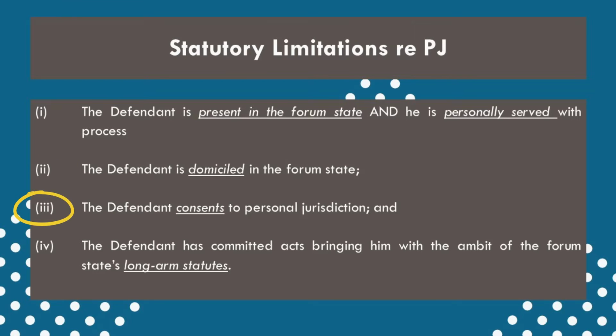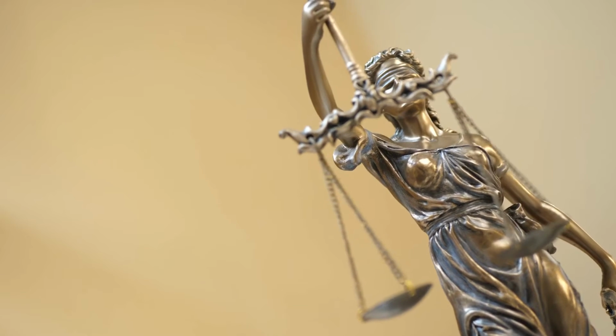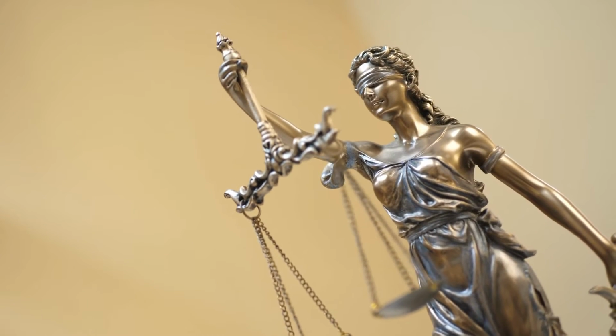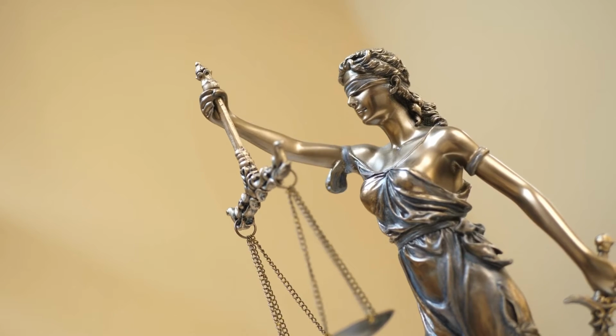And 3. The defendant consents to personal jurisdiction. This last one, circumstance 4, is not a traditional basis and will be discussed in more detail below. Nonetheless, if the defendant has committed acts bringing him within the ambit of the forum state's long-arm statutes, the court may exercise PJ over him. Obviously, there's a bit to unpack here, so let's examine each of these four situations in detail.